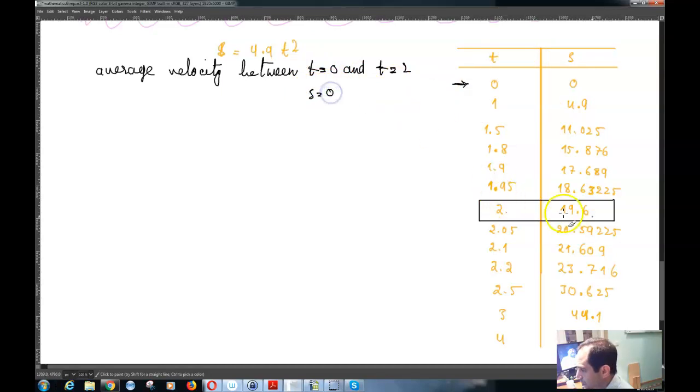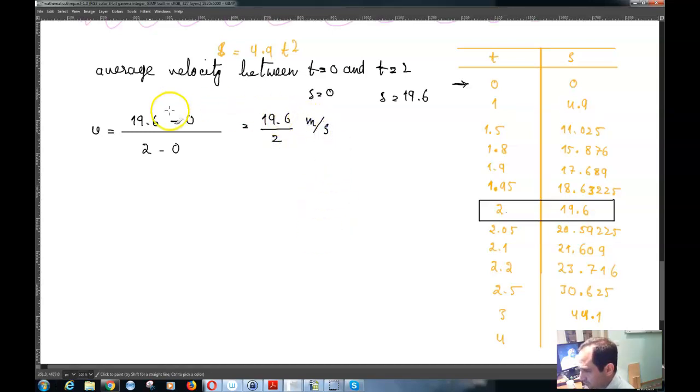S is equal to 0 here, and over here s is equal to 19.6. So I can write the average velocity is equal to 19.6 minus 0 over 2 minus 0, which gives me 19.6 over 2 meters per second. Remember that the distance was in meters, and the time was in seconds. So this becomes meters per second, which is the same thing as 9.8 meters per second. Okay.